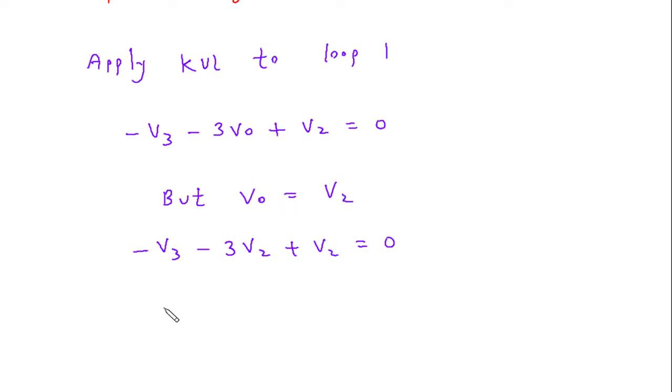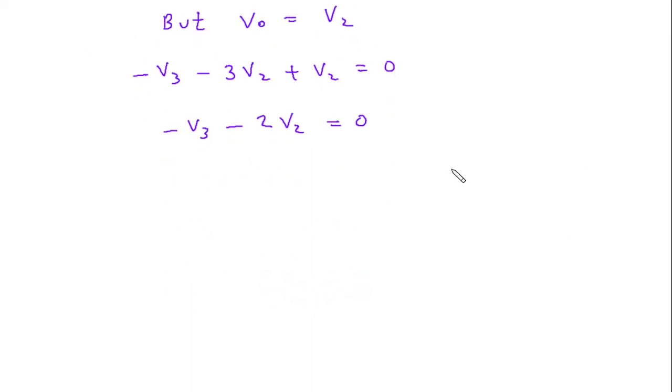So minus V3, then minus 3 plus 1 will be minus 2 V2, is equal to 0. From this we can say that V3 is equal to minus 2 V2.